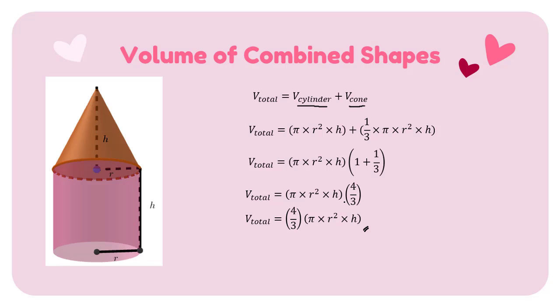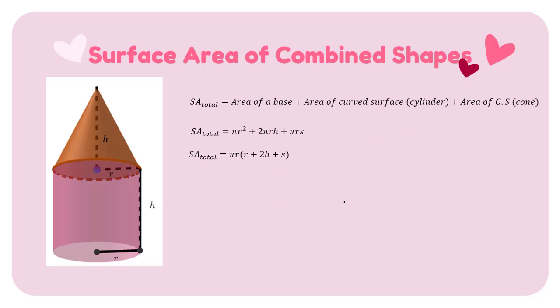and then we'll get the final total volume. Super easy. And finding the surface area is also easy, because this shape is formed by the area of a base, the area of the curved surface of a cylinder, and also the area of the curved surface of a cone.